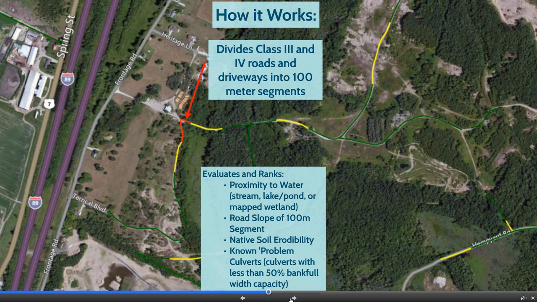And out of this analysis, we could basically develop an erosion risk ranking for the entire town network. We could rank segments by high risk, moderate risk, or low risk, depending on how many factors are overlapping, and that's what's shown here.